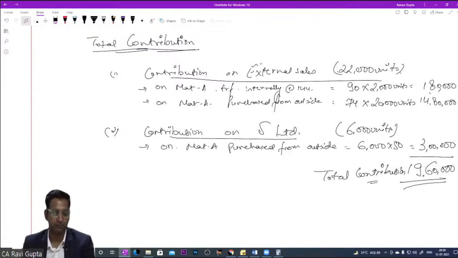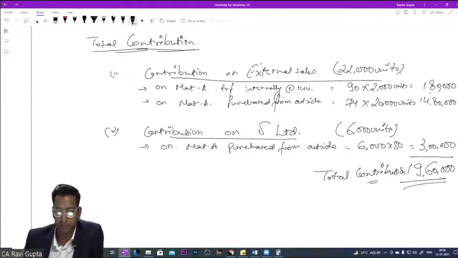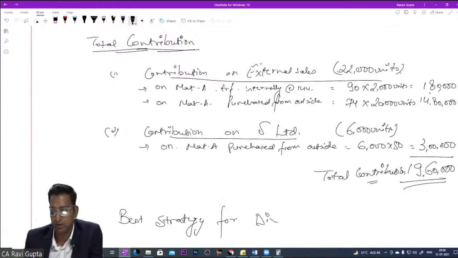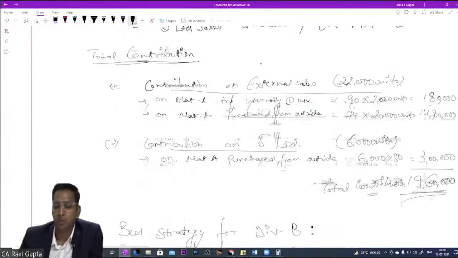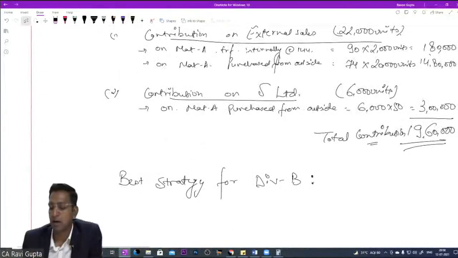Yes, good, Shafna. Now, can you decide which is the best option for division B? What is the best strategy for division B, either option A or option B? In option A, our contribution is 19,56,000, and in option B, our contribution is 19,60,000 rupees.